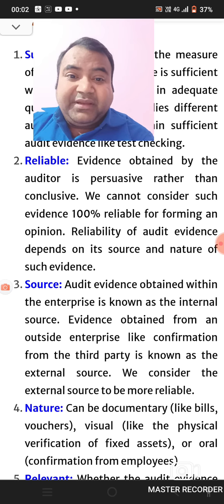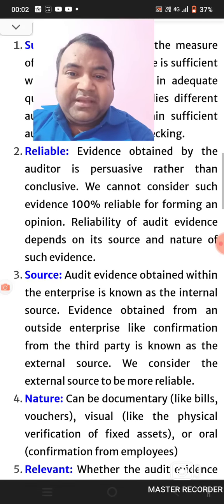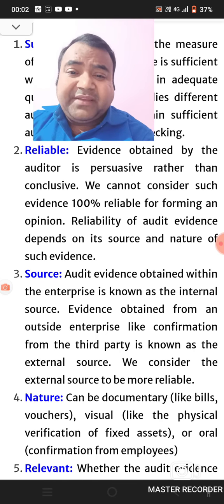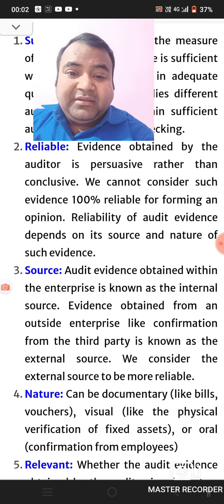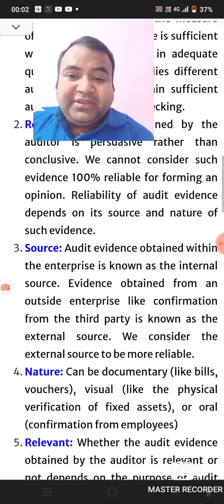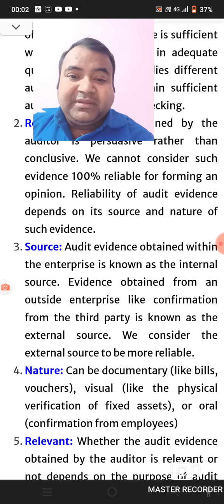Data collected from the internal source is not that reliable, but evidence collected from outside the company or from a third party is called external source. This external data is more reliable as compared to the internal source.